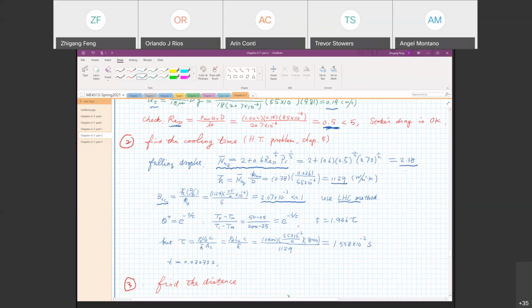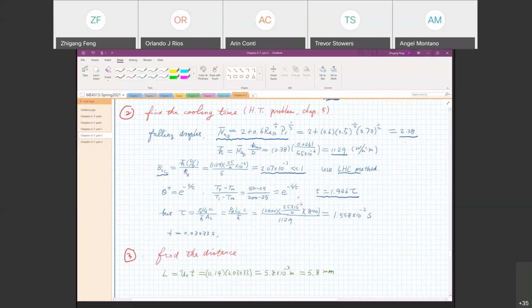I find t equal to 1.9 multiplied by a time constant tau. The time constant tau is about 0.016 second. So now I have t equal to 0.03 second. Okay, so that's how we find the t.